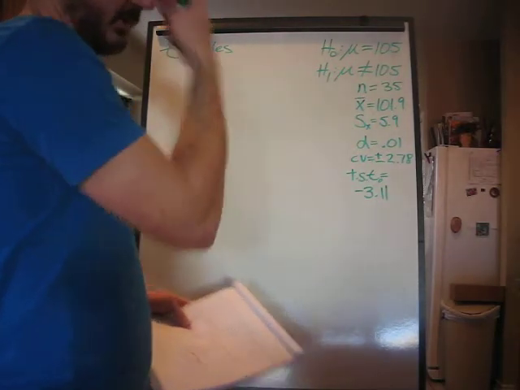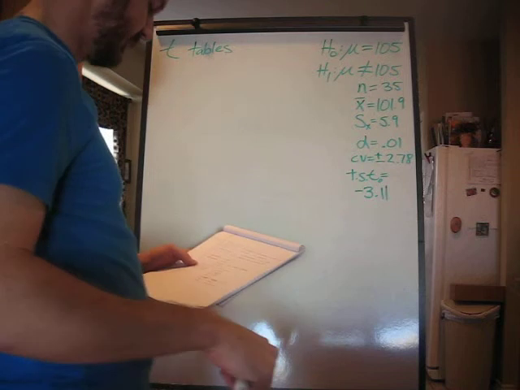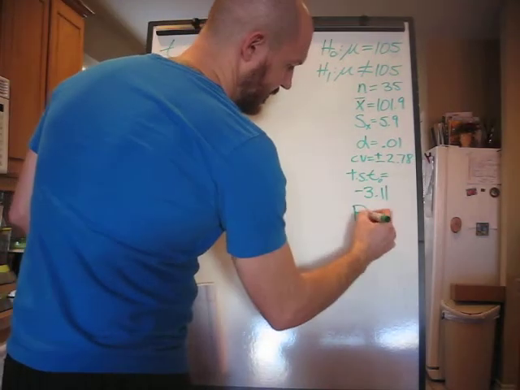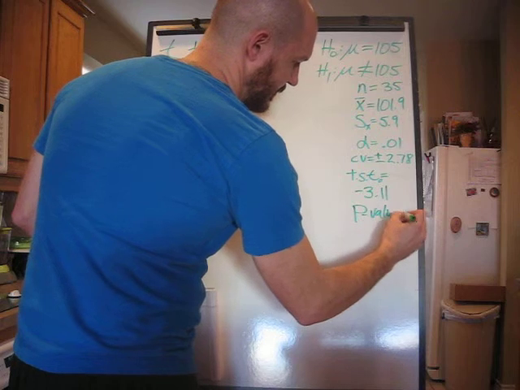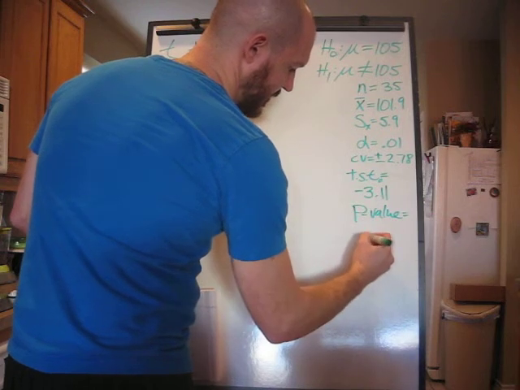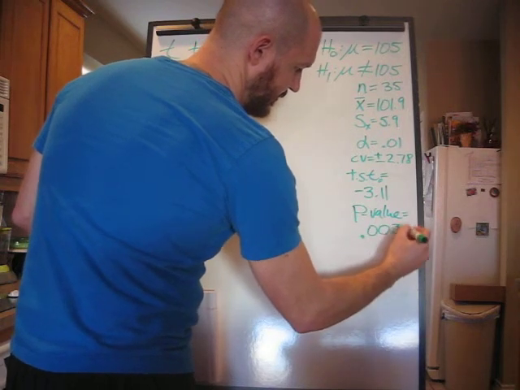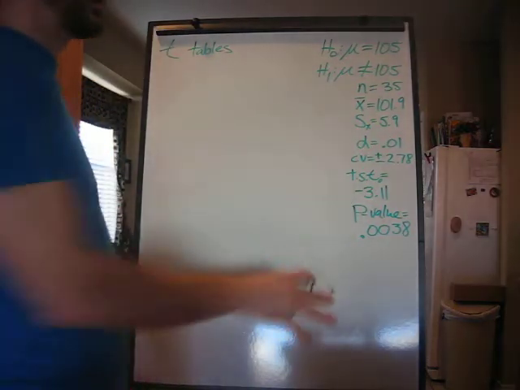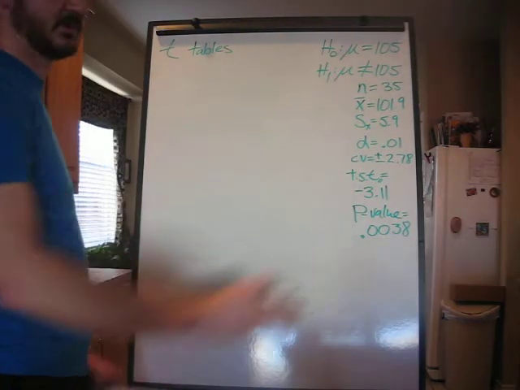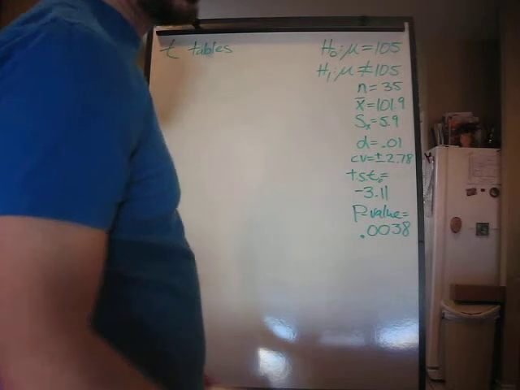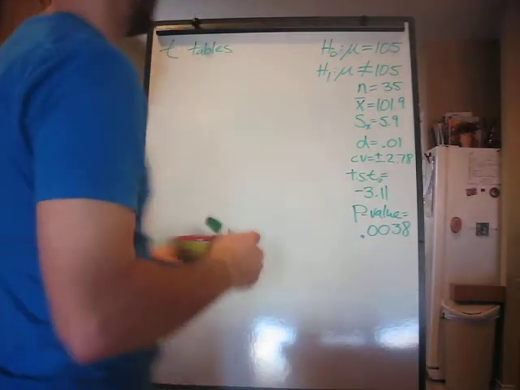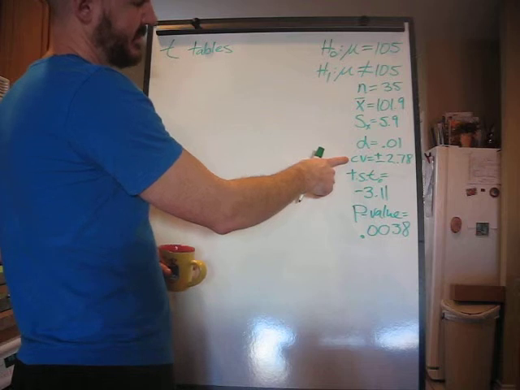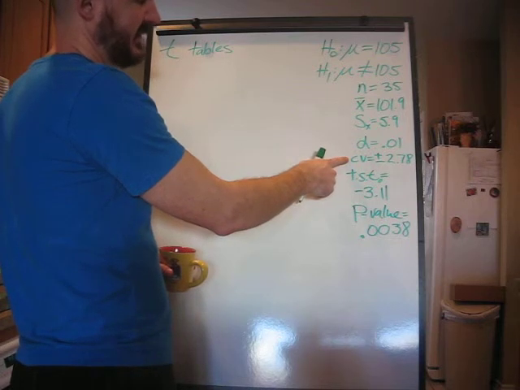It's also going to give you a p-value of 0.0038. Now we can already make our decision and our conclusion just from these numbers, without drawing our curve. Our critical value is plus or minus 2.78.